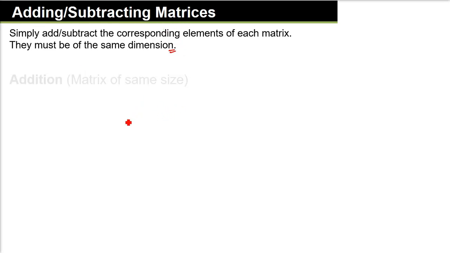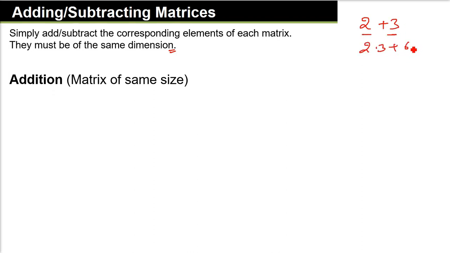That is, the two or multiple matrices being added or subtracted must have the same dimension. Just as you add 2 and 3, or 2.3 and 6.2, you can also do 2 minus 3, or 2.3 minus 6.2. In the same way, matrices can also be added and subtracted.